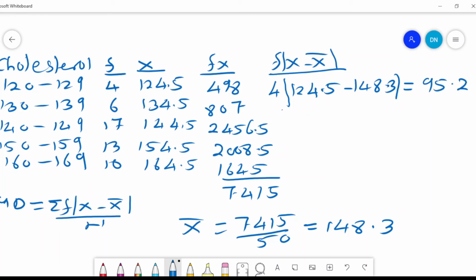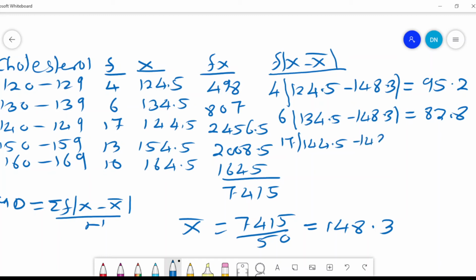The next value, the frequency is 6. I get the absolute value of 134.5 minus 148.3, times 6, and it will give me 82.8. The third one will be 17, then it will be 144.5 minus 148.3. I get the absolute value, and then I multiply by 17, and that will give me 64.6.